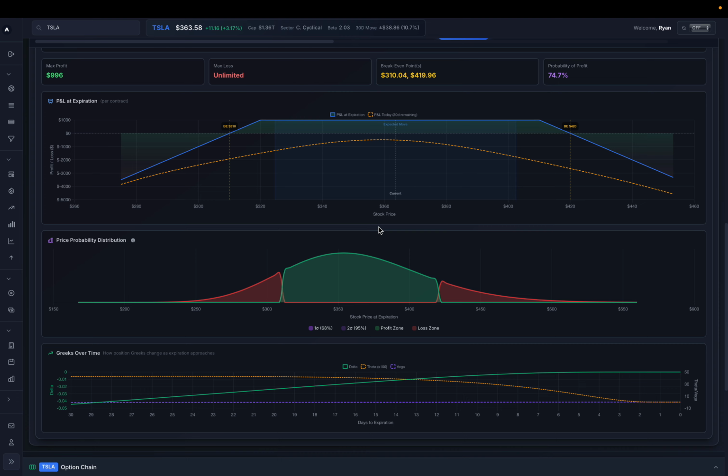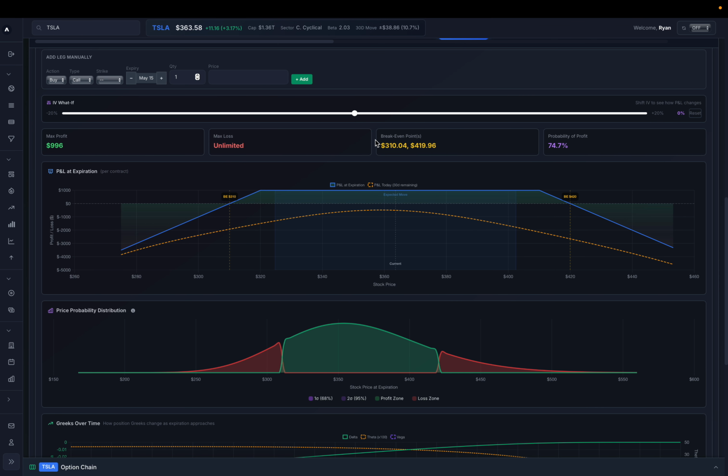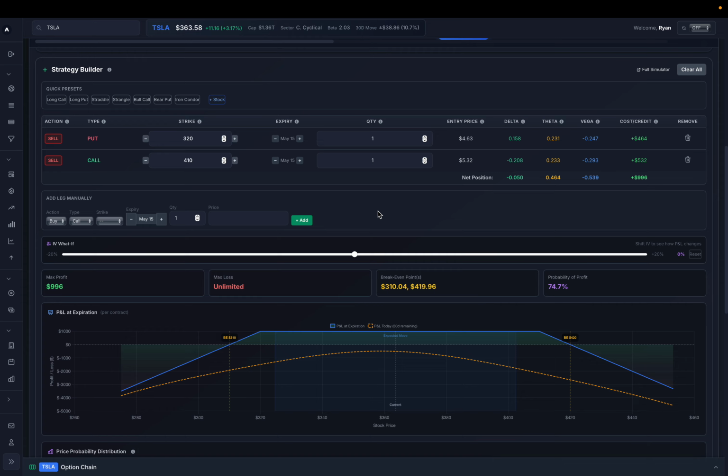This shows the previous one standard deviation move, where that has landed historically. So you can plot, if you're trading standard deviation from the move, are you within that 68.2% wide bracket? We then have this very generic what-if scenario here, where we can shift IV down 20% and up 20%.